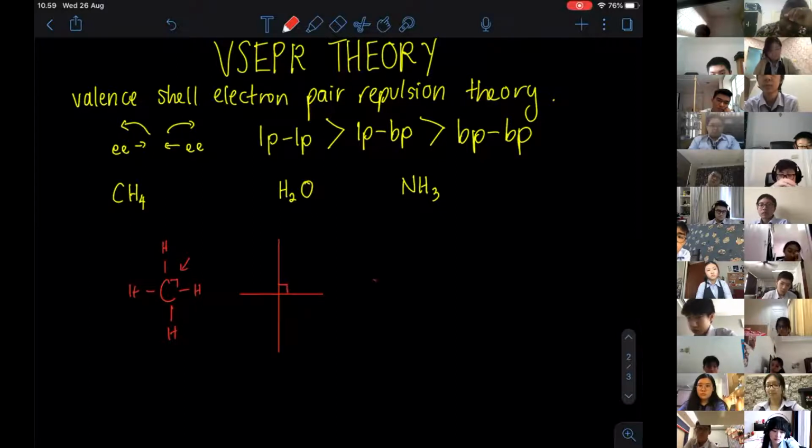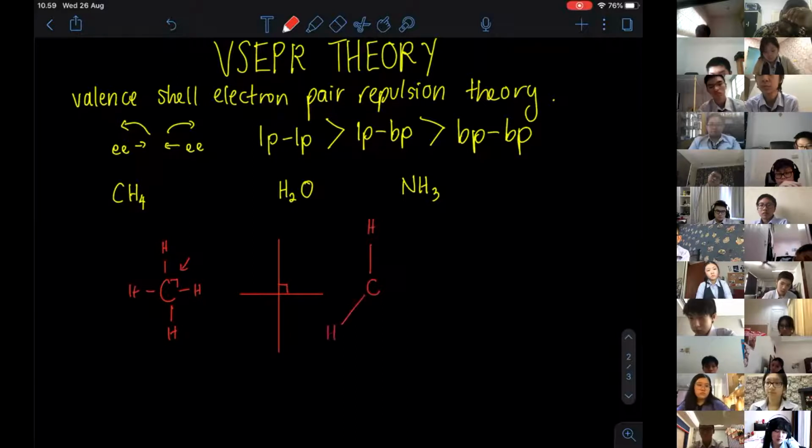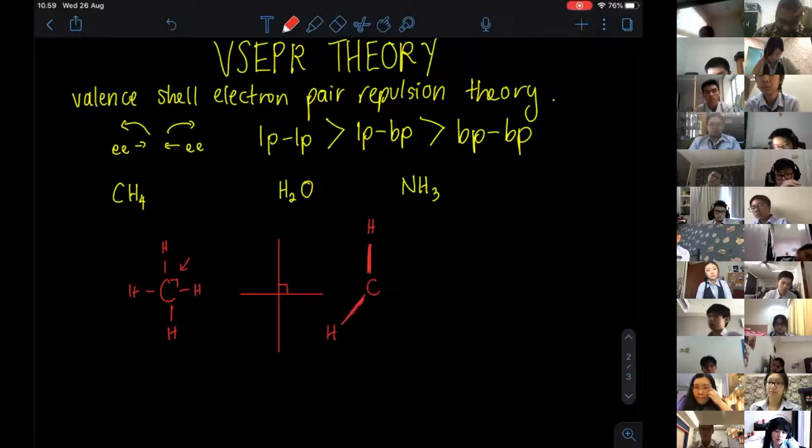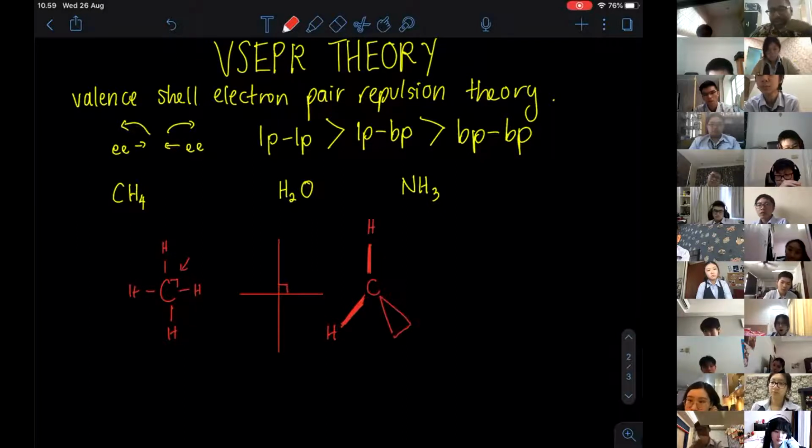The structure will look like this: H over here, H over here. Take note, two same lines means they are on this paper, on this iPad, on the screen. And there is one like this, I draw it so that you can imagine it coming out from your screen.